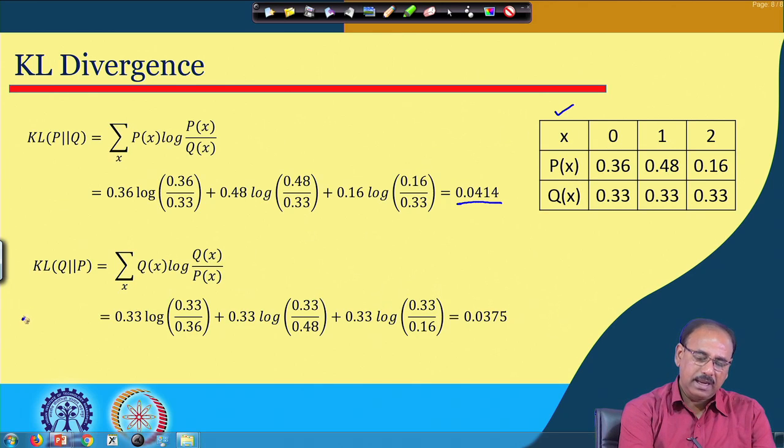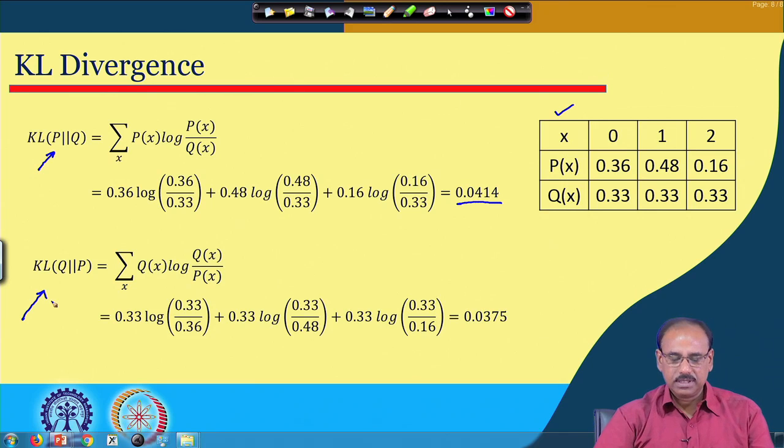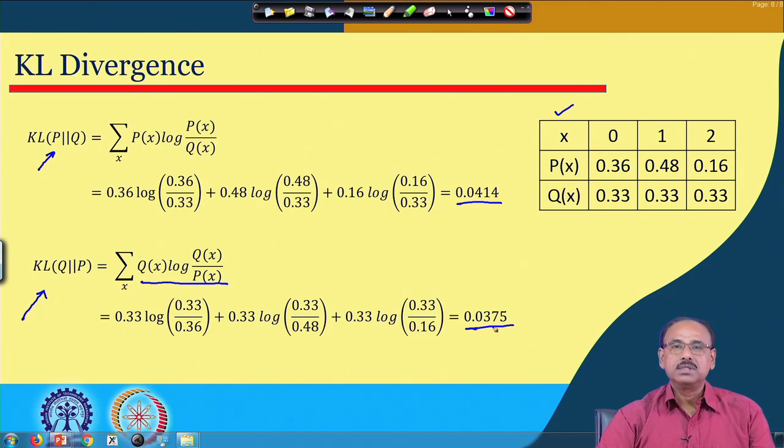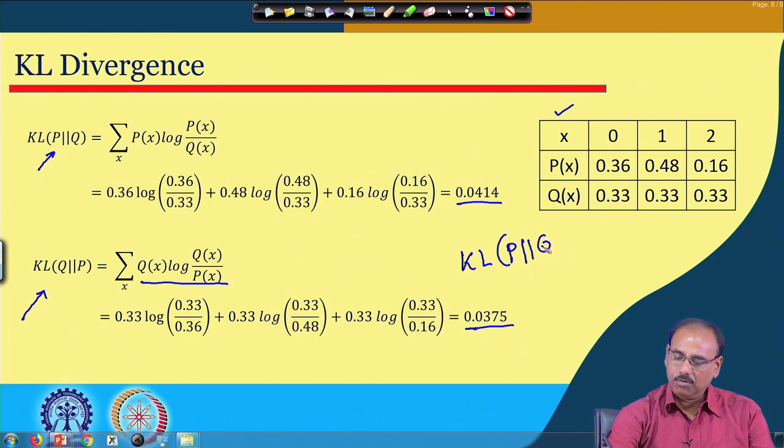Whereas, if I compute the KL divergence between q and p, following this equation, again taking the values from this table, the value comes out to be 0.0375. So, this gives you one piece of information: the KL divergence between p and q is not the same as the KL divergence between q and p, or the KL divergence is not symmetric. So, KL divergence pq is not the same as KL divergence qp.